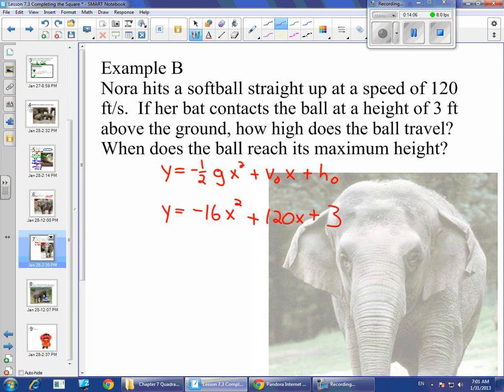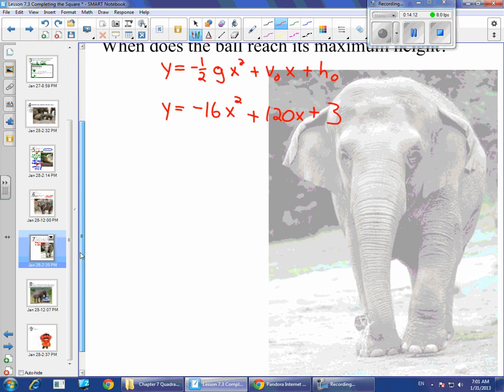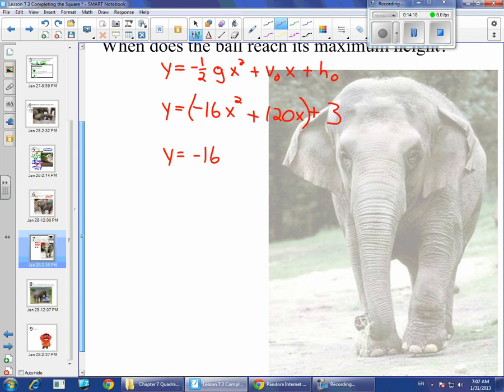Okay, and now from here, if I want to find the maximum height, what I can do is complete the square. So what I'm going to do, group these first two terms together. Negative 16 times x squared plus 7.5x, plus, and then leave your plus 3 on the end.